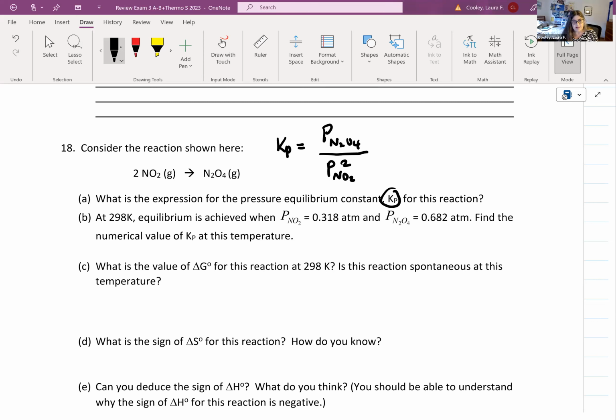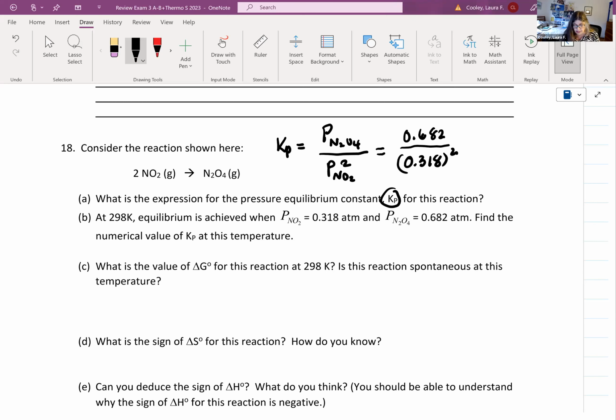Okay, so that's basically A. And now you're given additional information that equilibrium happens when the pressure of N2O4 is 0.682 and the pressure of the NO2 is 0.318.